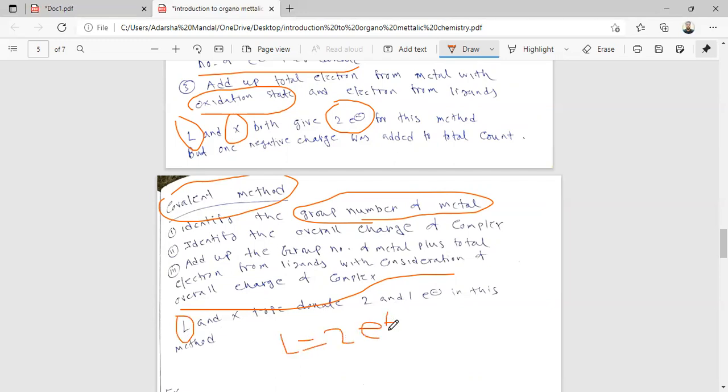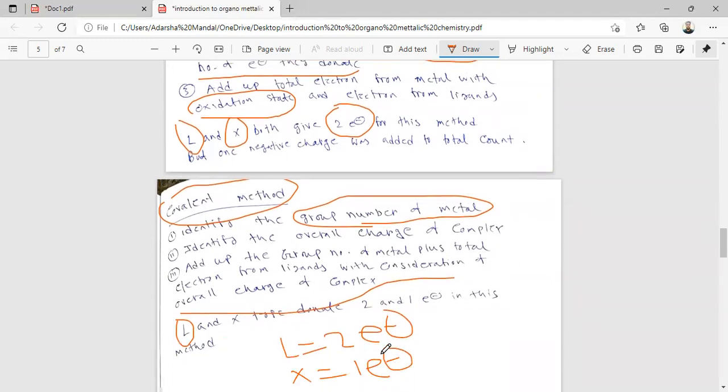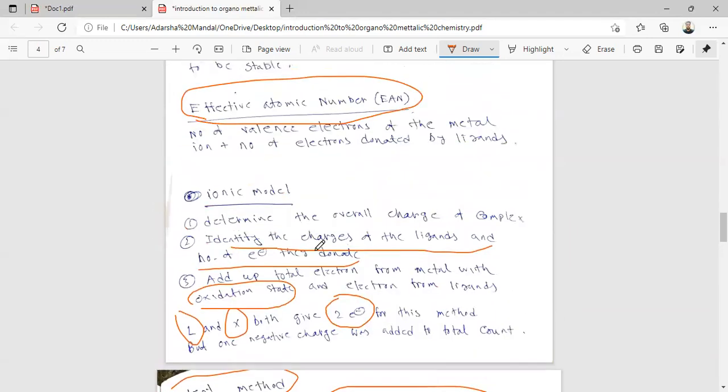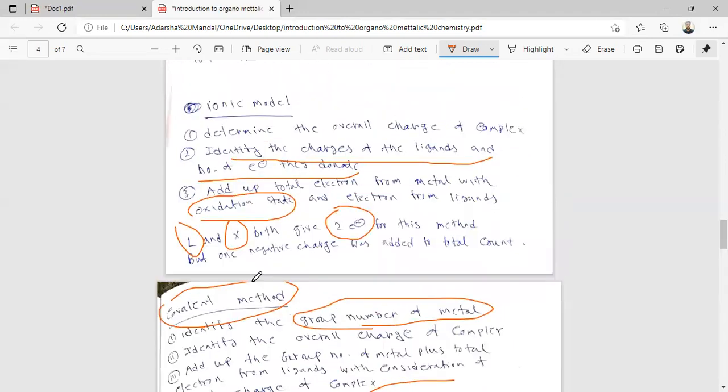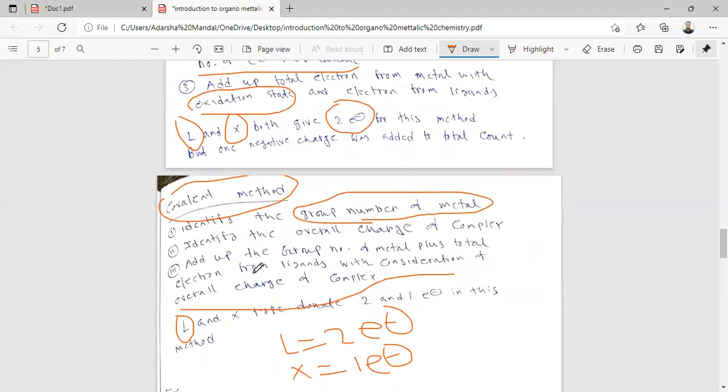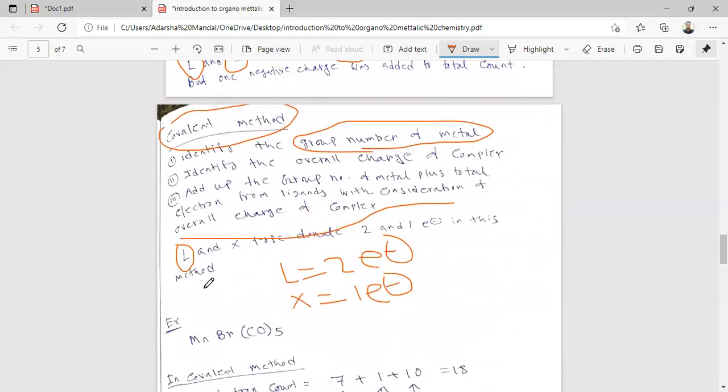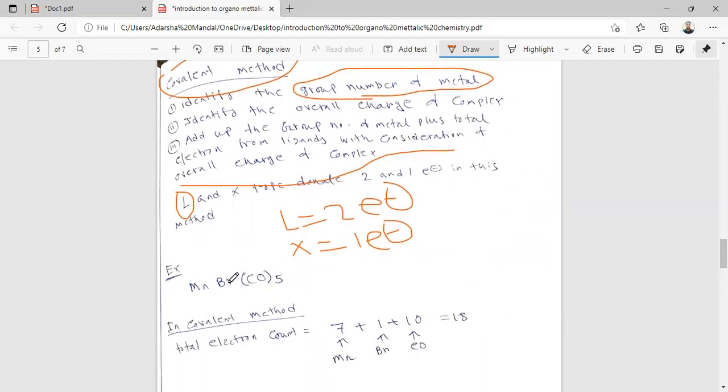So the basic difference between the covalent and ionic methods is that in the ionic method, both L and X type ligands donate 2 electrons, but in the covalent method, the L type ligand donates 2 electrons and the X type ligand donates 1 electron. I will give some examples of effective atomic number counting.